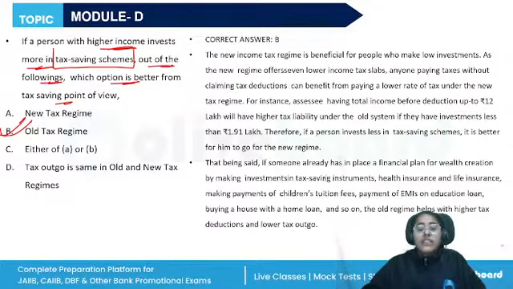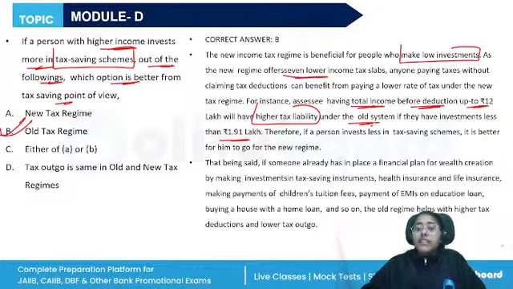So here's the difference. The new tax regime is beneficial for the people who make low investments, and it offers even lower income tax slabs. For instance, an assessee having total income before deduction up to 12 lakhs will have higher tax liability under the old system if they have investments less than 1.91 lakh.